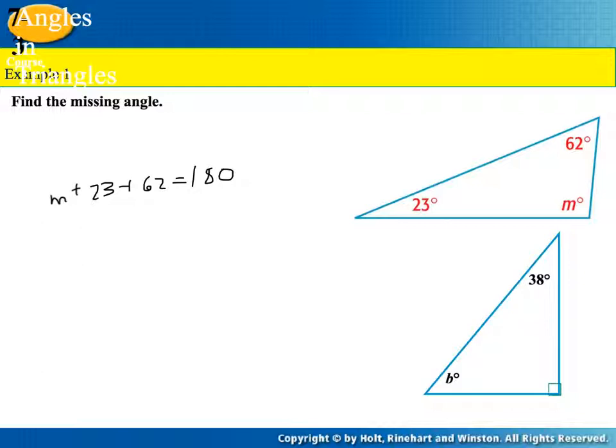M plus 85 is equal to 180. Subtract 85 on both sides, and M is equal to 95 degrees.